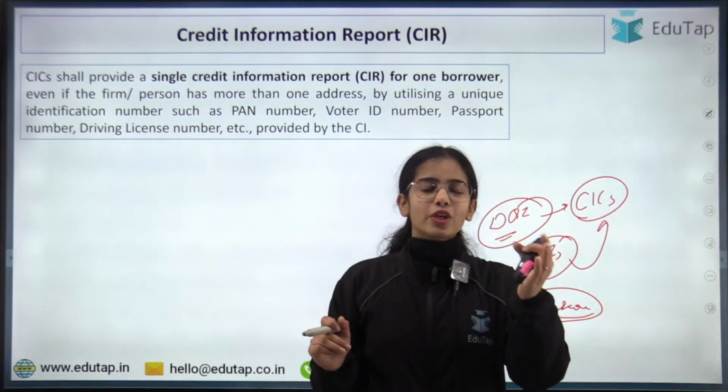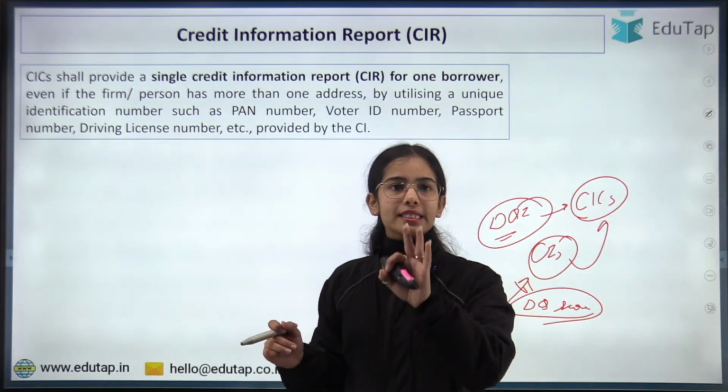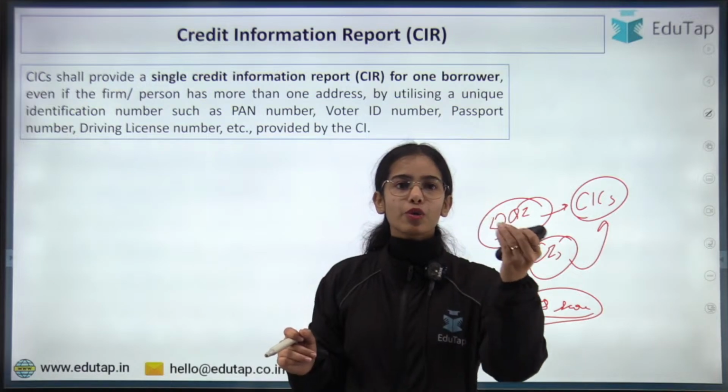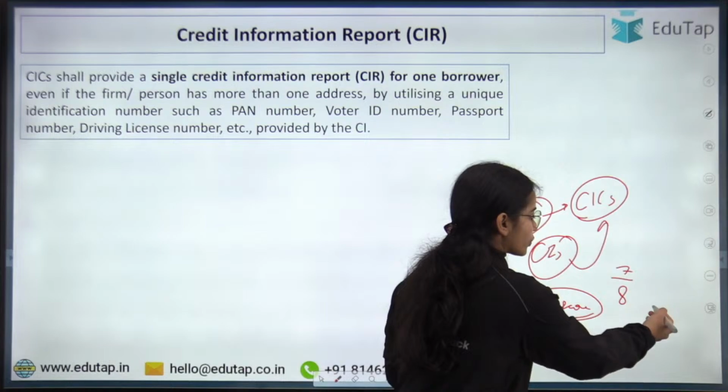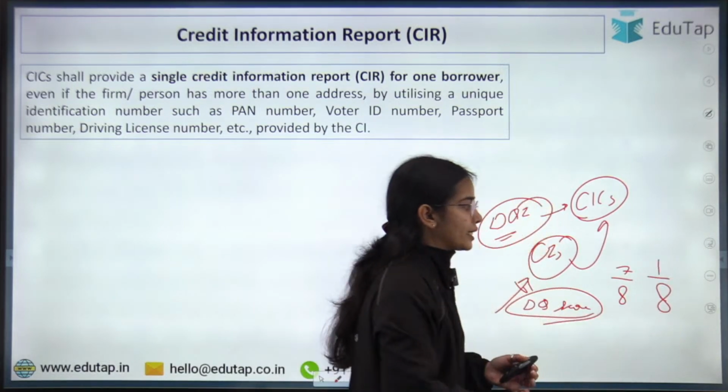Like you are giving the revision test every month, that is to show you whether you are doing good or not. If out of 8 you are getting 7, that means you are doing good. If out of 8 you are getting 1, that means you are doing badly.